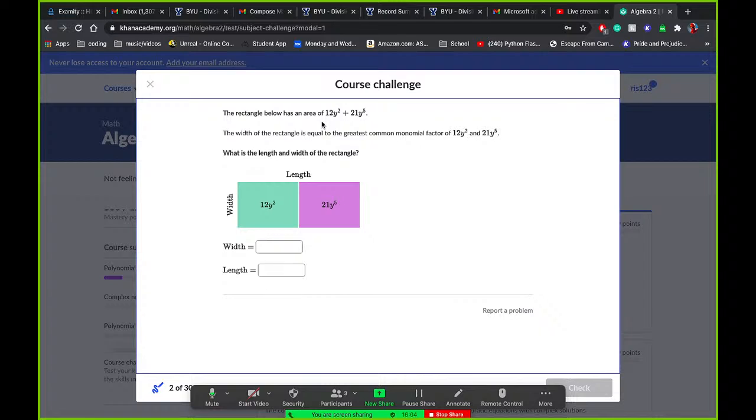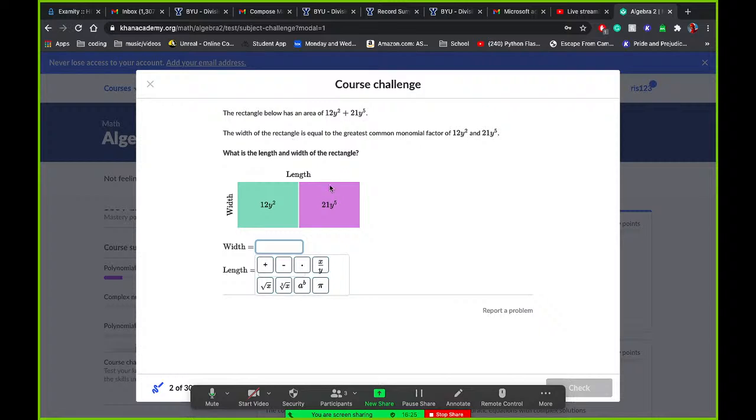So the rectangle below has an area of 12y squared plus 21y to the power of 5. The width of the rectangle is equal to the greatest common monomial factor of those. What's the monomial factor? Basically it's just a factor. A monomial is basically an expression with one term. Isn't the width 3y squared?